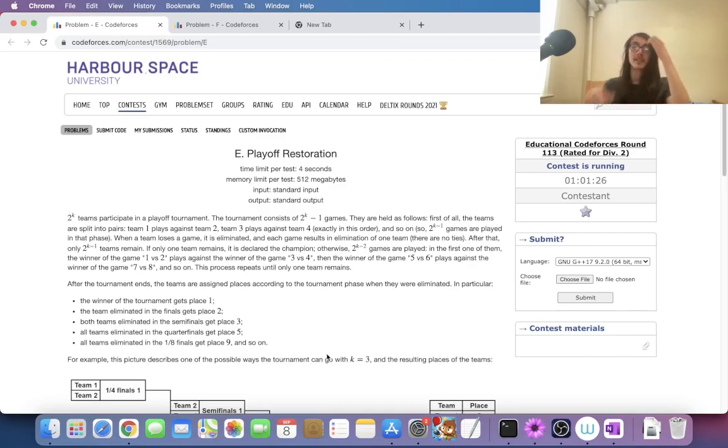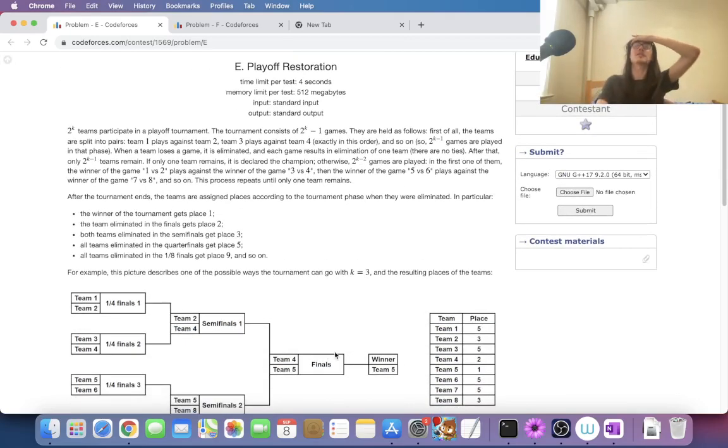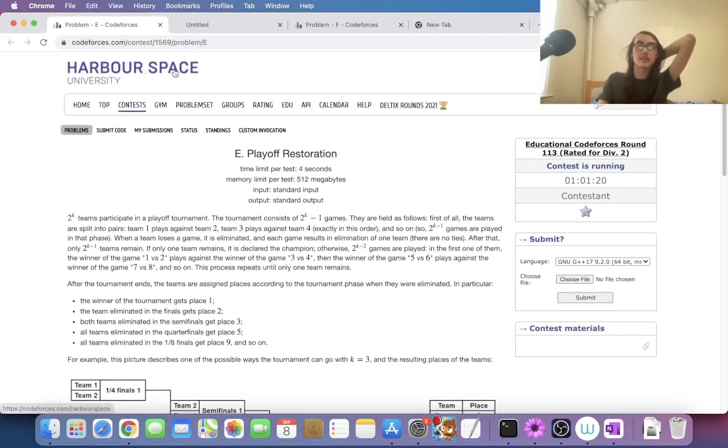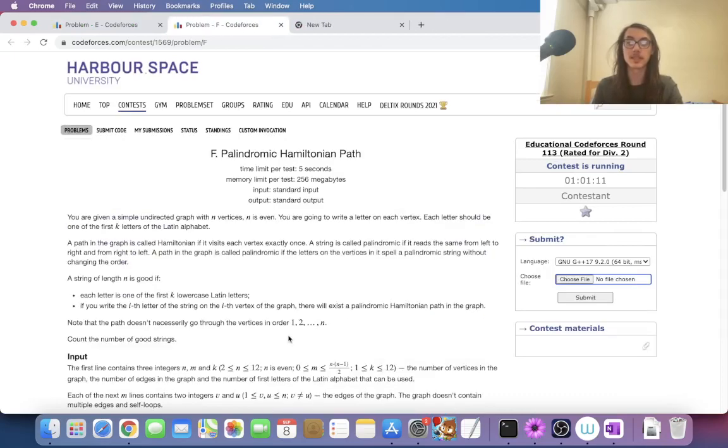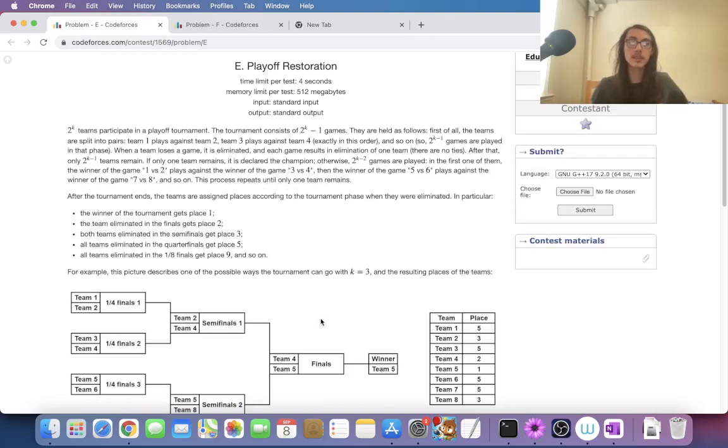Sure, so tournament, yep. That's a different tournament from B. B was the chess one, right? Yeah. So after the tournament ends, the teams are assigned places according to the tournament phase when they're eliminated. In particular, the winner gets place 1, the team eliminated in the finals gets place 2.